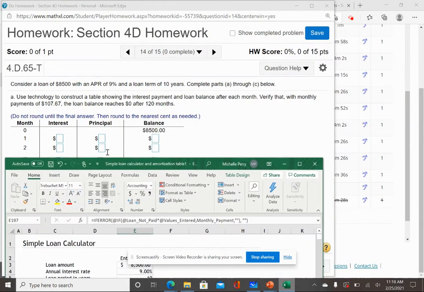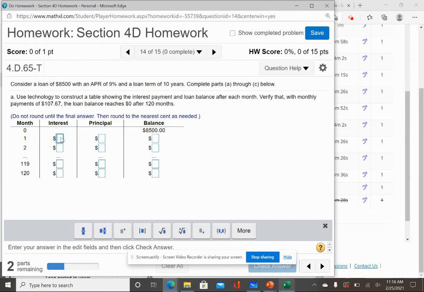And I'm going to come over here to inserting my interest amount, which in this case would have been $63.75. The principal amount of $43.92, followed by a remaining balance of $8,456.08.